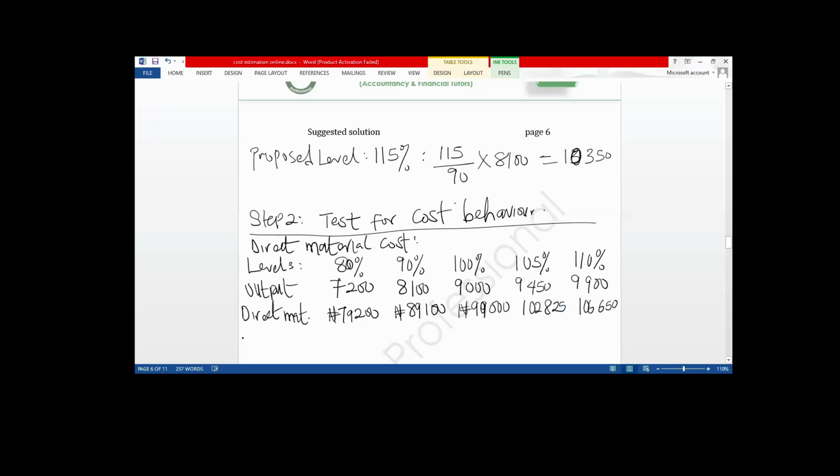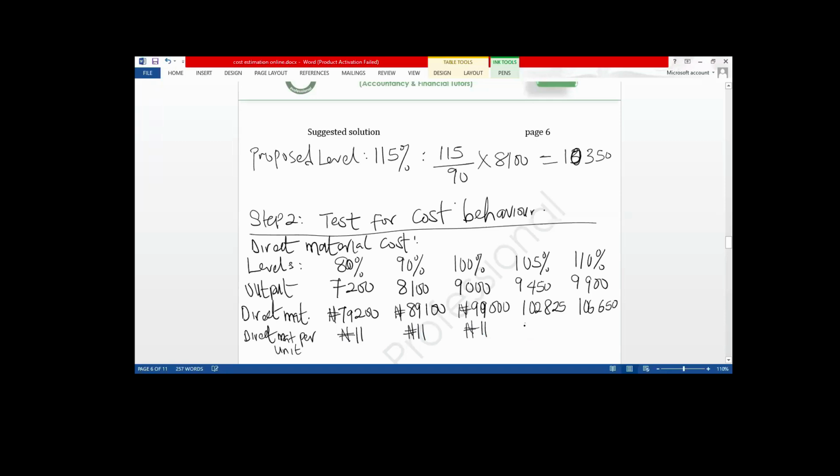Now let us get direct material cost per unit. 11 per unit. Please always put Naira. 11 Naira. 11 Naira for the second one. 11 Naira for the third.